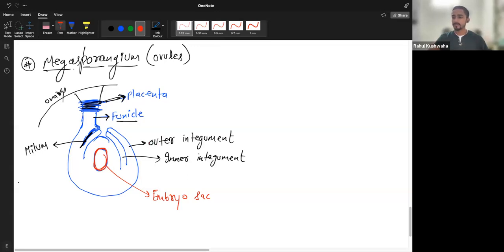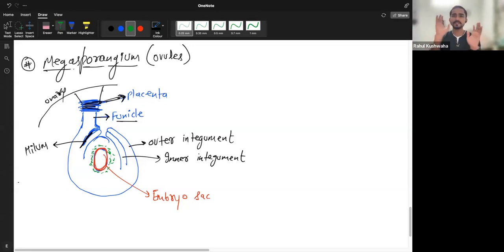And around the embryo sac, the immediate tissues, which I'm trying to draw, like these cells, just cover the embryo sac.